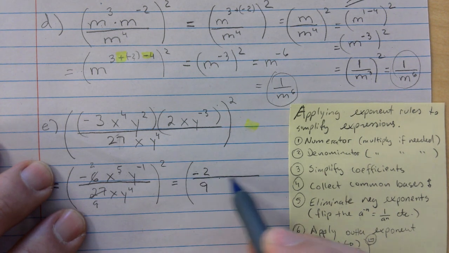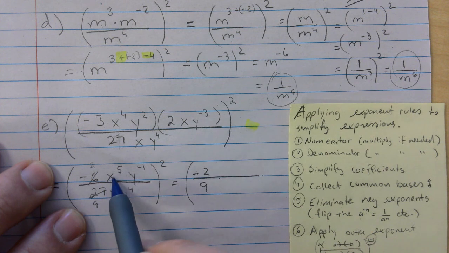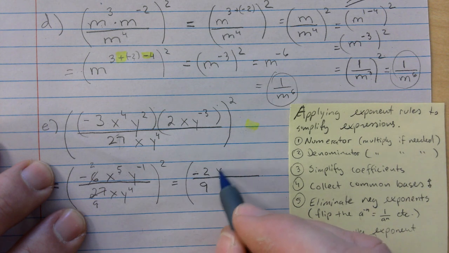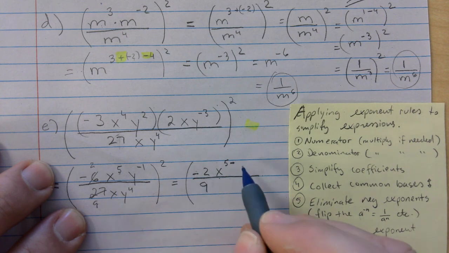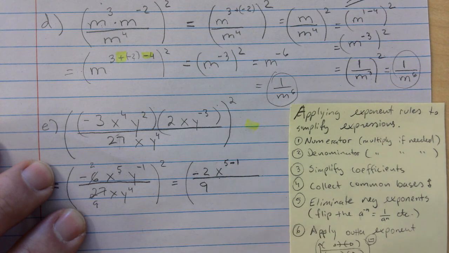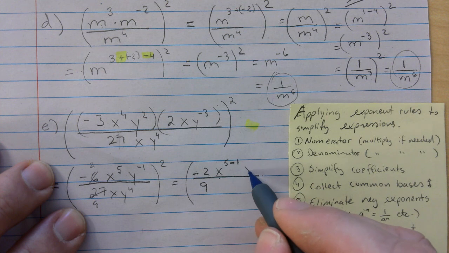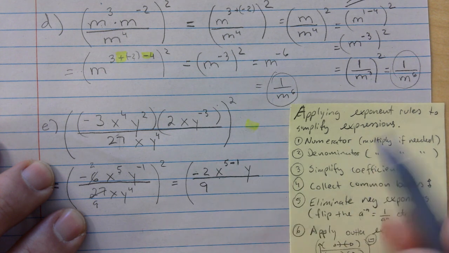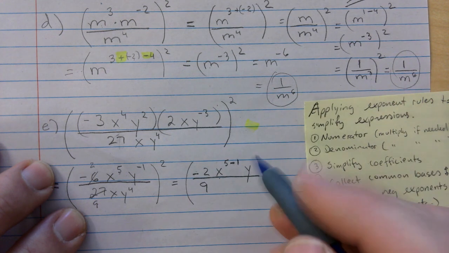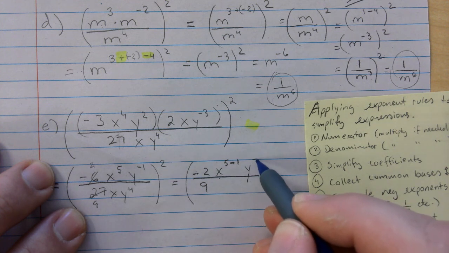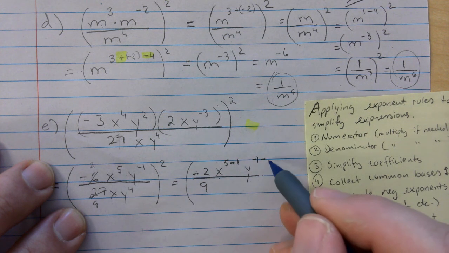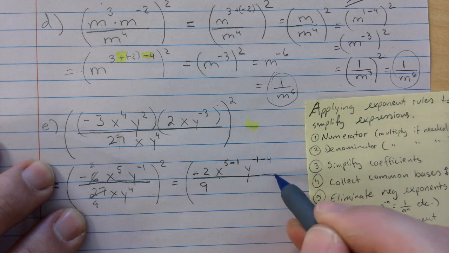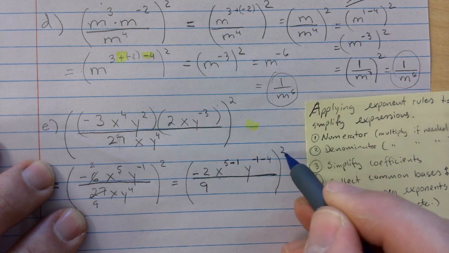I might as well draw my line like that. x and x, so you go x top minus the bottom exponent of that same base. And then watch this, it's going to get tricky. This is where your integers come in. Top minus the bottom, which is 4. And all of that squared still. Don't forget that.